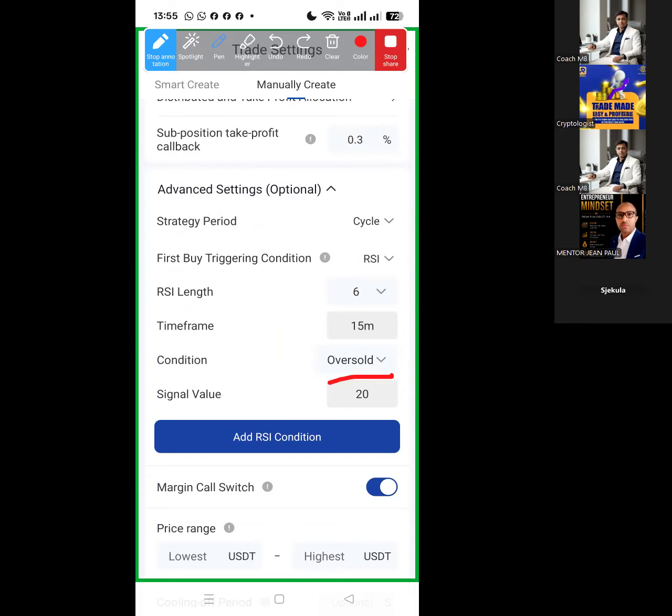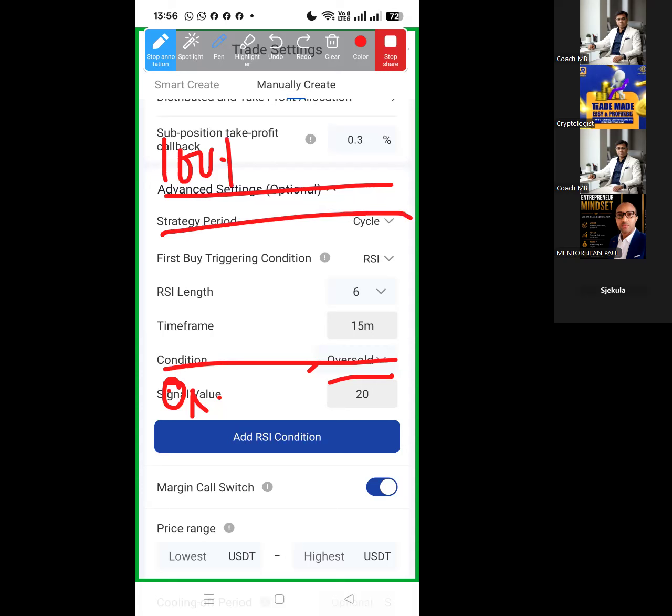So if you apply this setting, what will happen? You are telling the robot, suppose this is 0% and this is 100% area, and this is an overbought area, and this area is an oversold area. Means this is 20% and this is 80%, right? So suppose this coin you see here is moving around anything here, like 40% level. Okay.